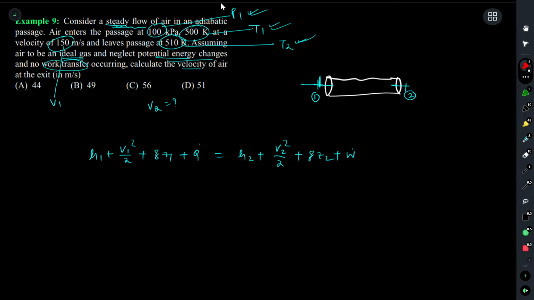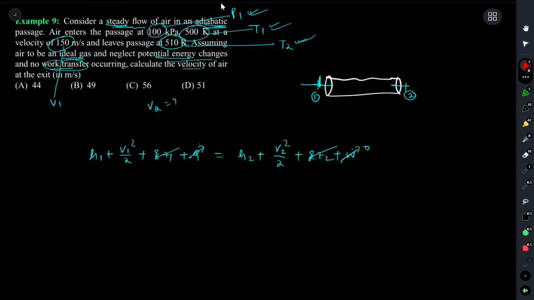What we can neglect: the potential energy changes can be neglected. This is an adiabatic passage, that means there is no heat interaction. And we can neglect the work transfer, so this can also be neglected.